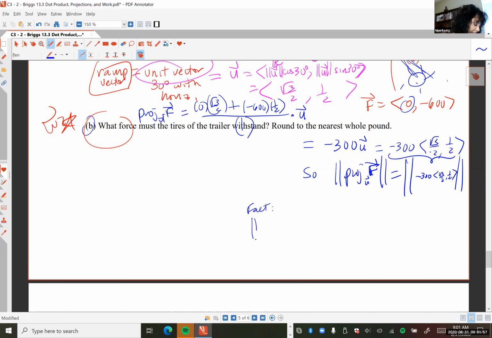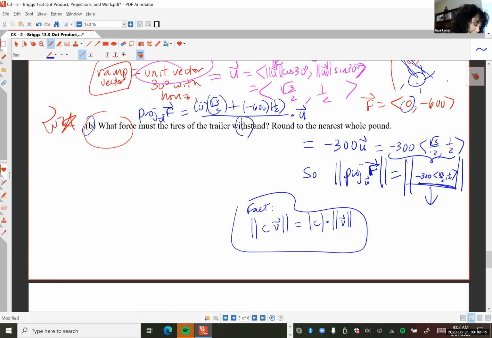And the fact was this: if you take the magnitude of a scalar multiple, it's the same as the absolute value of the scalar, the positive version of it, times the magnitude of your vector. So using this fact, the magnitude of this projected vector is going to be the absolute value of negative 300 times the magnitude of this unit vector. But what is the magnitude of a unit vector? Quick, come on.